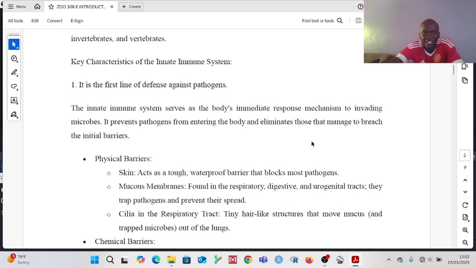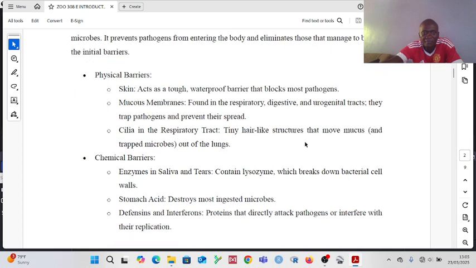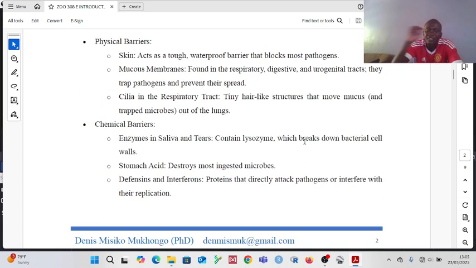So let's see some of the things that constitute now this innate immune system. So one, these are the physical barriers. So you talk of the skin, mucous membrane. Okay. In our respiratory tracts, you have cilia, hiyo manywele inakuwa kwa mapua, hiyo nywele inakuwa kwa lungs.